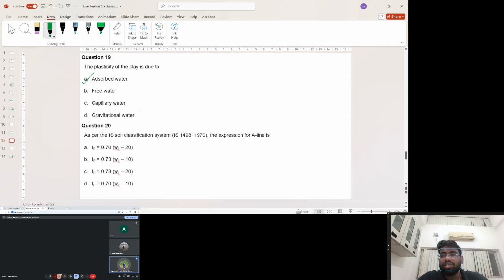Gravitational water and free water are analogous. So the main aspect governing the plasticity of the clay is adsorbed water, which indirectly governs the plasticity index. Any doubts? I think these are straightforward questions. Some questions are directly straightforward, so that's why I'm going pretty quickly.